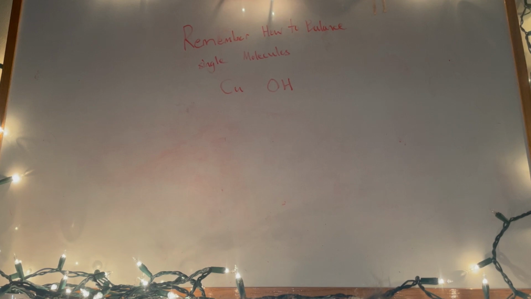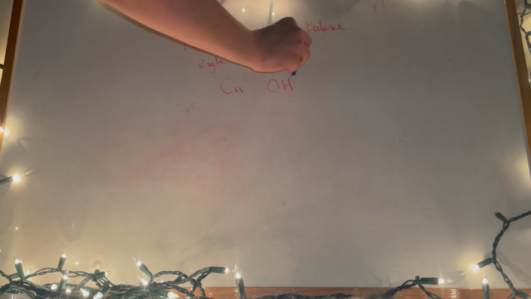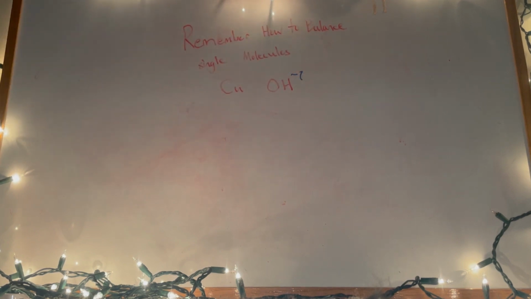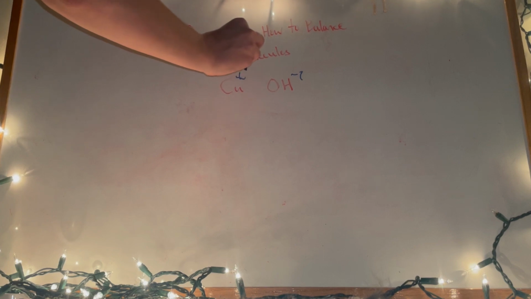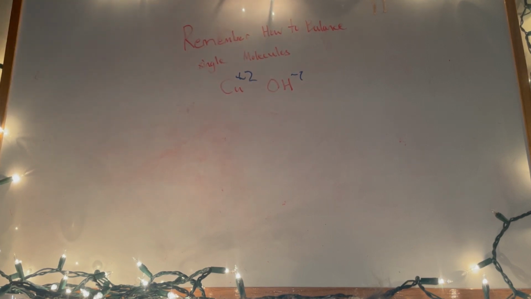So for example, you have copper hydroxide. Now typically hydroxide has a charge of -1, and copper typically has a charge of +2. Just remember that means that copper would need to lose 2 electrons to have a net charge of zero, and hydroxide would need to gain 1 electron to have a full valence.